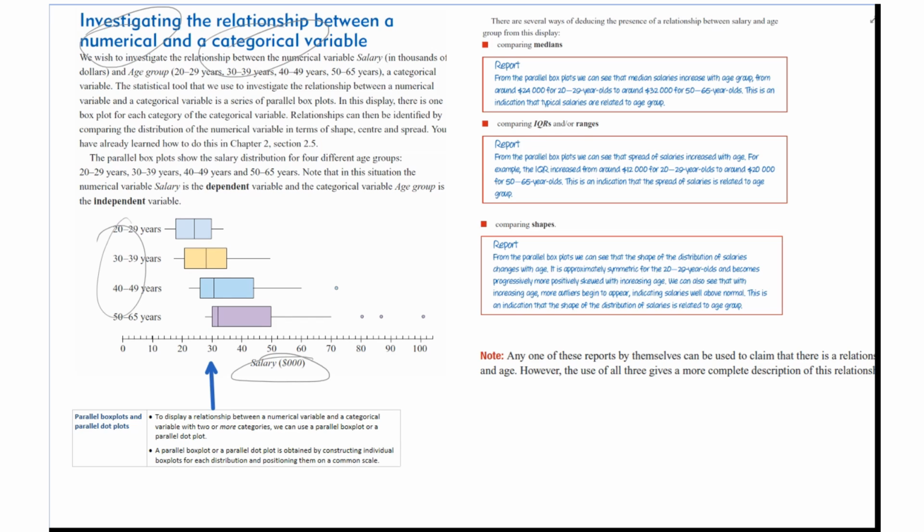What you're looking at is displaying the relationship between numerical variables and categorical variables. What we can see here is that we've got some outliers in those older age groups. The salary and age suggest that, as a general thing, as you get older your median salary increases, although there's probably not a lot of change between these two.